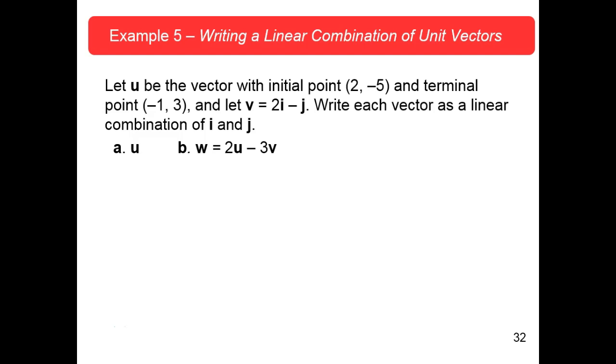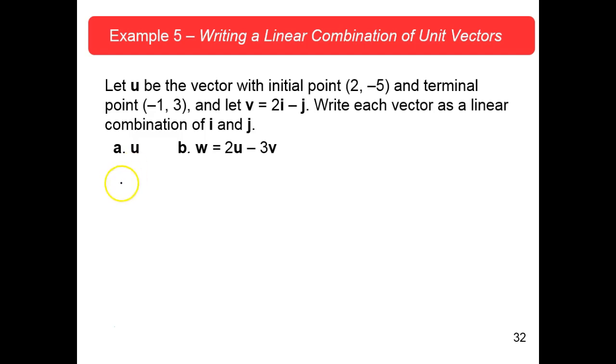Each vector is a linear combination of i and j. Write each of the following vectors as a linear combination of i and j.